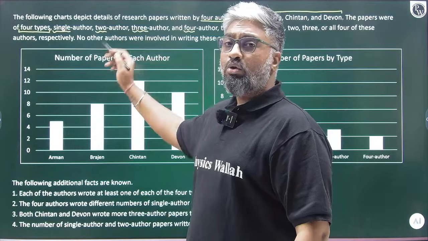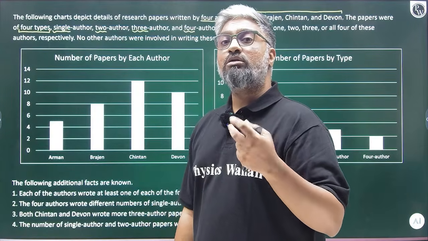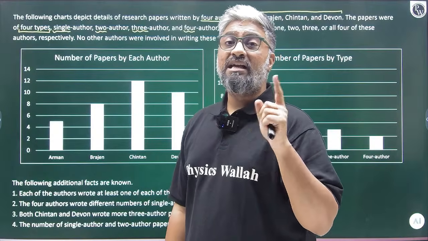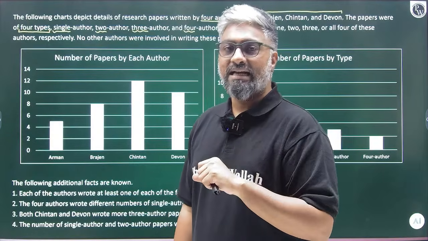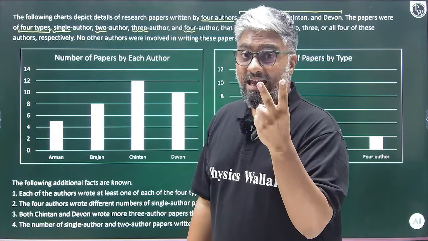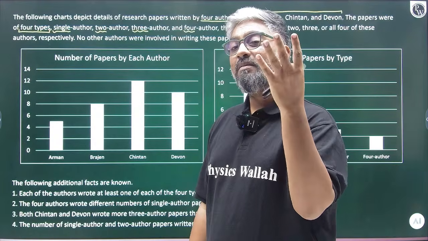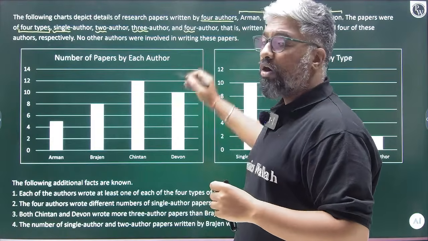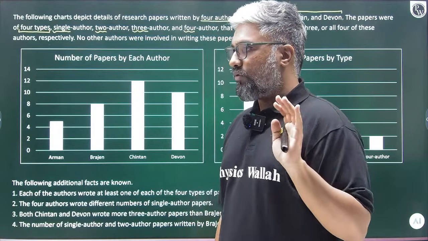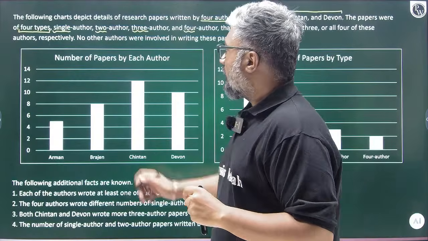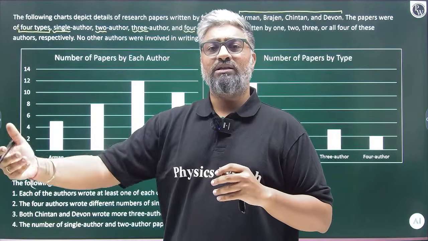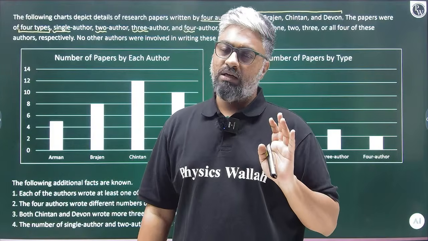But when you look at a 2 author paper, it could be a combination of 2 authors: A and B, A and C, A and D, B and C, B and D, C and D. Same way, 3 authors could be A, B and C, A, B and D, A, C and D, B, C and D. And 4 authors means all the 4 authors were involved: A, B, C, D. Got it? No other authors were involved in writing these papers. So there is no 5th author, 6th author. Only these 4 authors were involved.